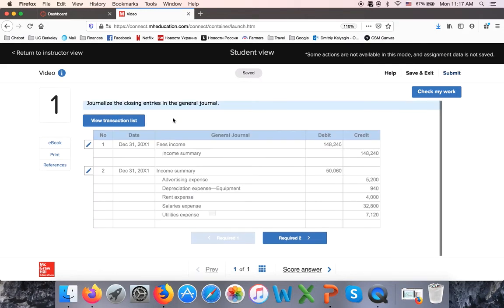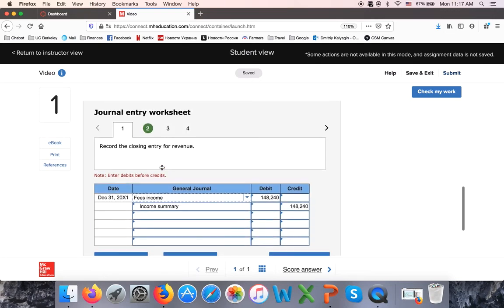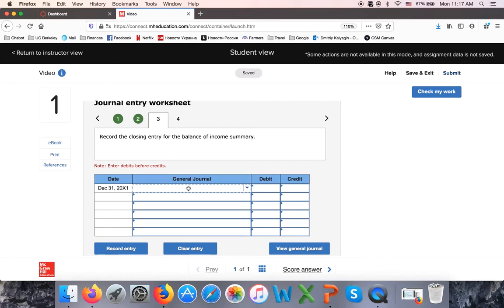So let's do the third step. We're gonna record the closing entry for the balance of income summary. So since we have net income, I'm going to debit income summary by 98,180, and I'm going to credit the capital account by the same amount.